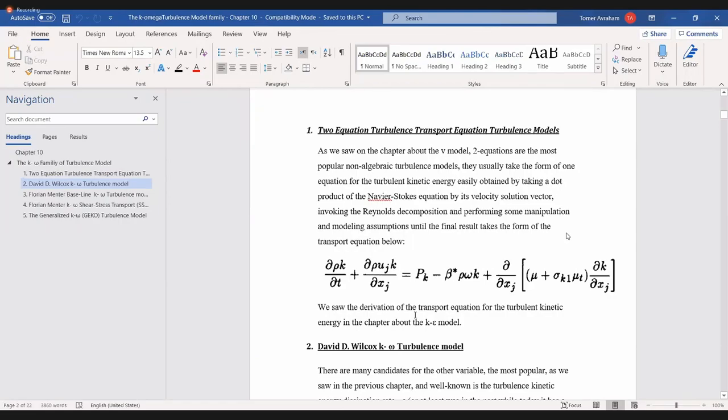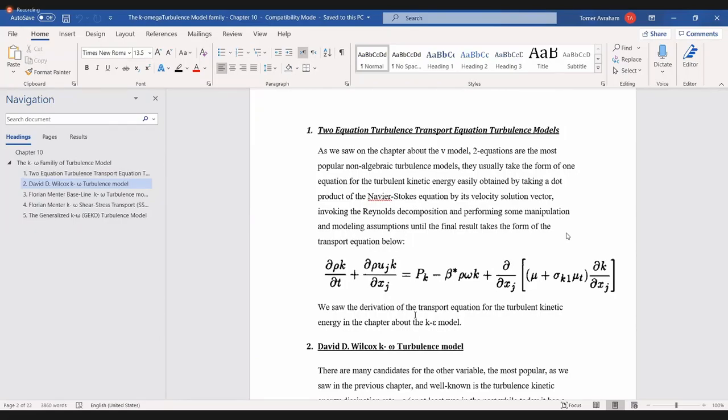Then what we usually say is that we can do the same thing and get the exact dissipation equation if we want to use epsilon as the second parameter. But it's too hard. Then we use some kind of analogy.